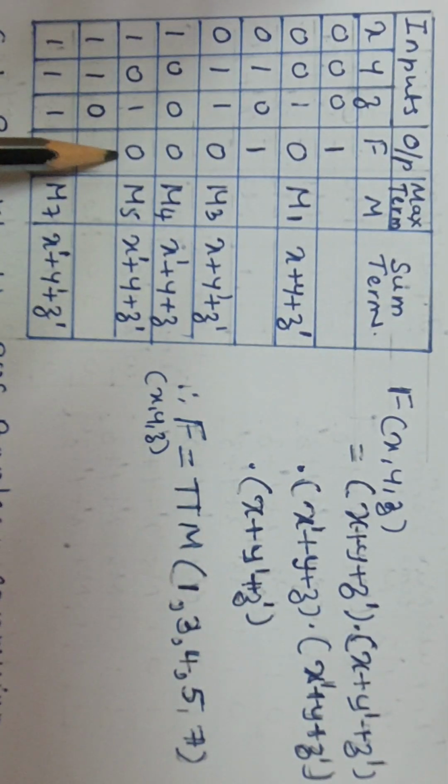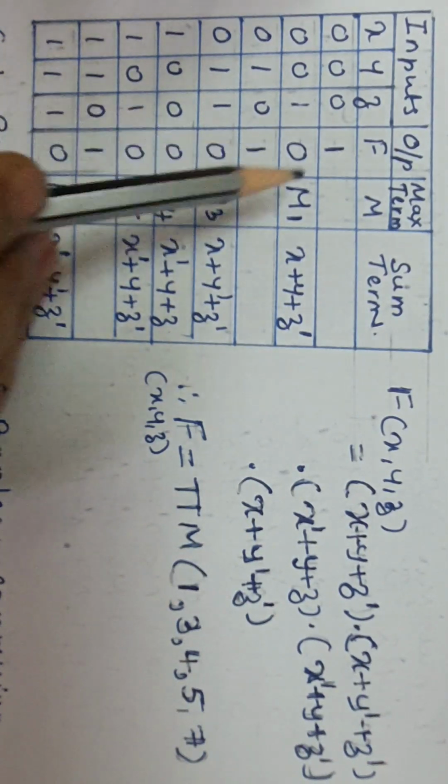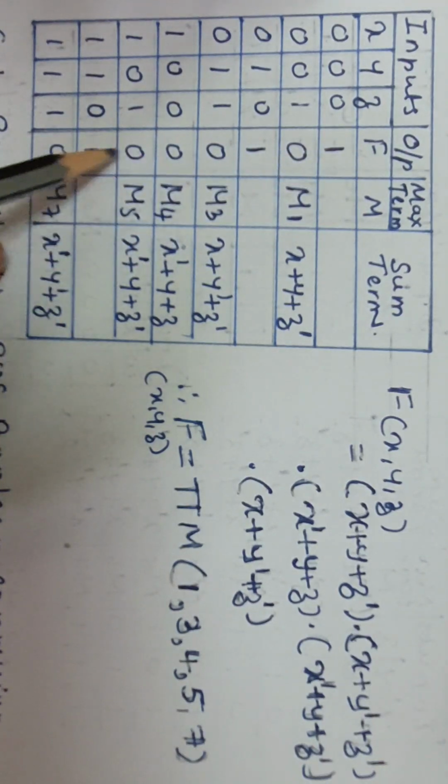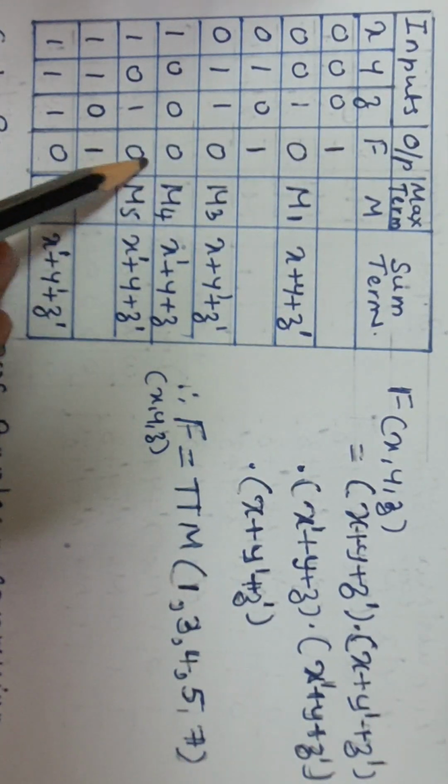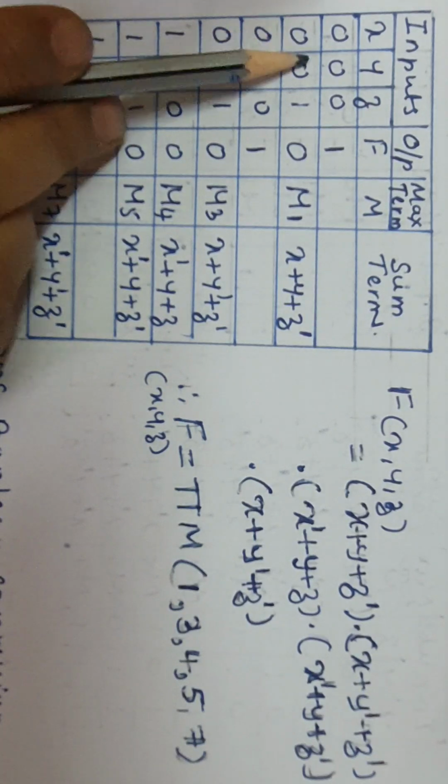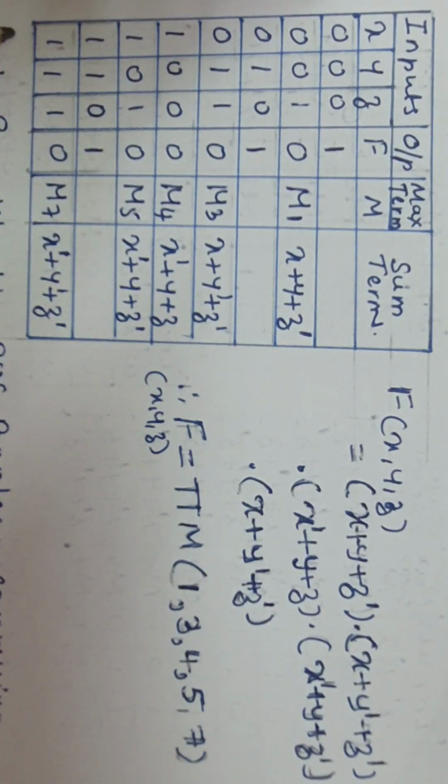So for that the output f is 0. Then for this 1, 1, 0 condition of x, y, z, it is 1. When all the inputs are 1, the output is 0. So this is how output f is varying. This column shows output f, how it varies according to inputs.